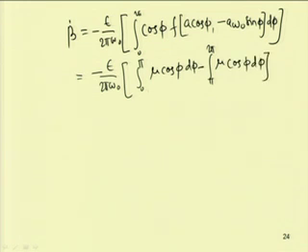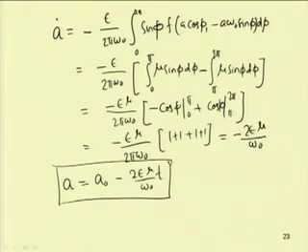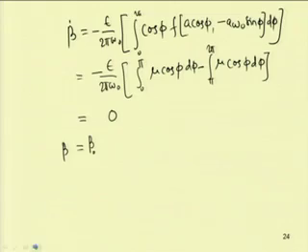As this integration is 0, beta dot equals 0, so d beta by dt equals 0. So, beta is a constant, beta equals beta 0. From this we obtain A equal to A 0 minus 2 epsilon mu t by omega 0 and beta equal to beta 0.